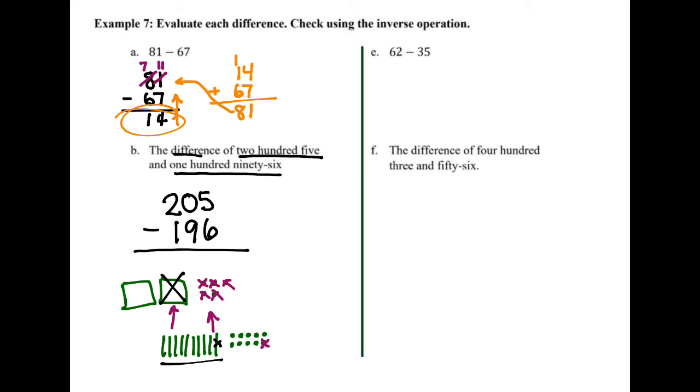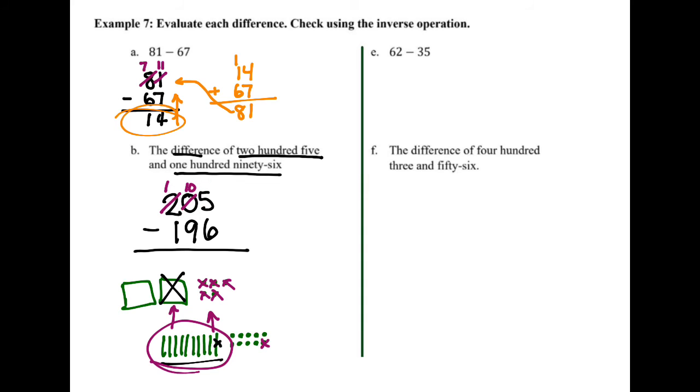Here we go. You cannot take 1 away from the 0, so I have to take it from the 2. So I'm going to borrow 1 from the 2, which means this 0 is now 10. Okay, that's this right here. I didn't have any rods, and once I broke it up, now I have 10.